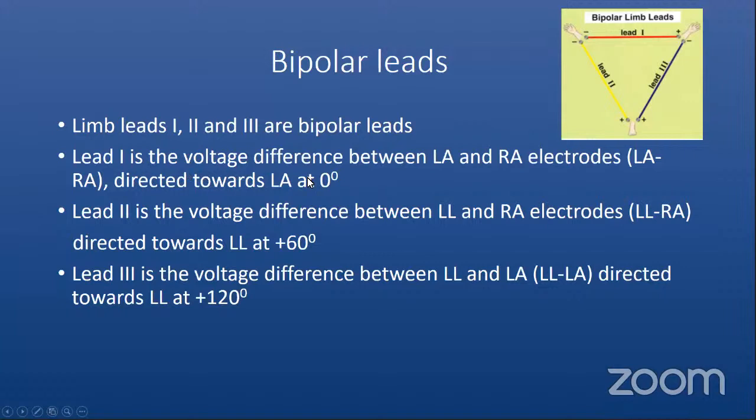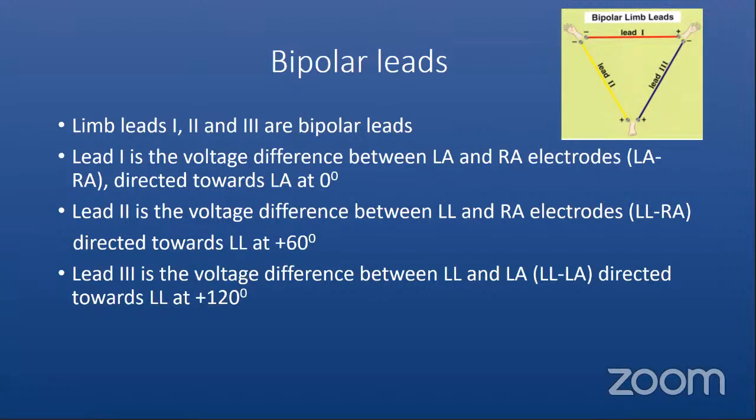So lead 1 is the voltage difference between the left arm and the right arm, directed at an angle of 0 degrees, while lead 2 is the difference between the left leg and the right arm electrodes, directed towards the left leg at 60 degrees, and lead 3 at 120 degrees. You will see these angles again later when I explain a little bit more.